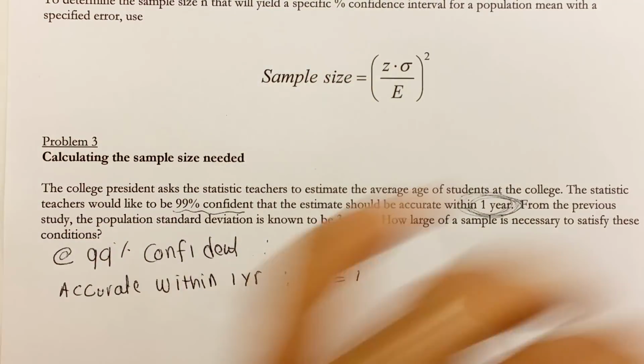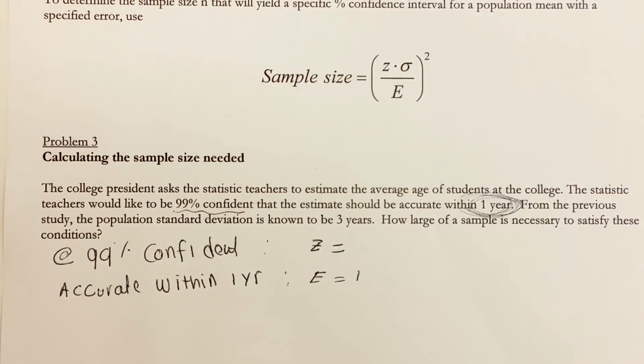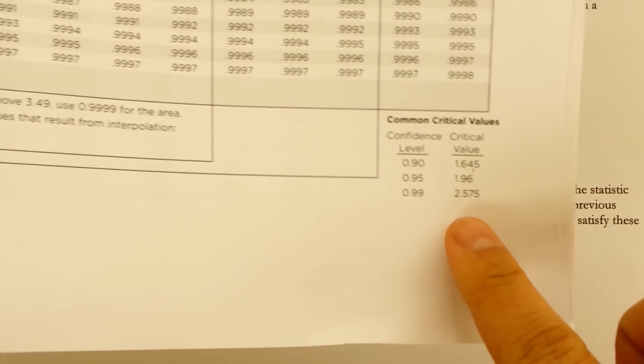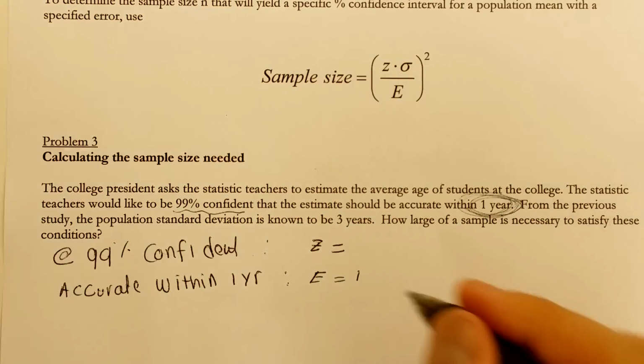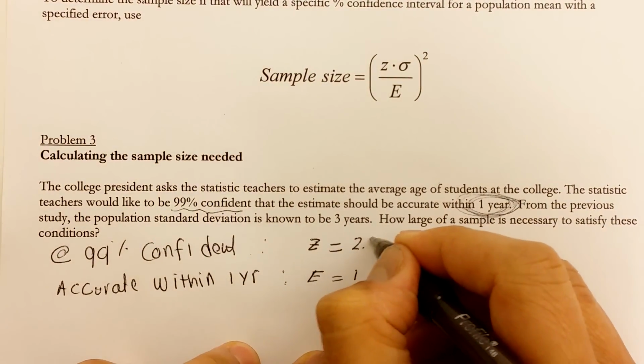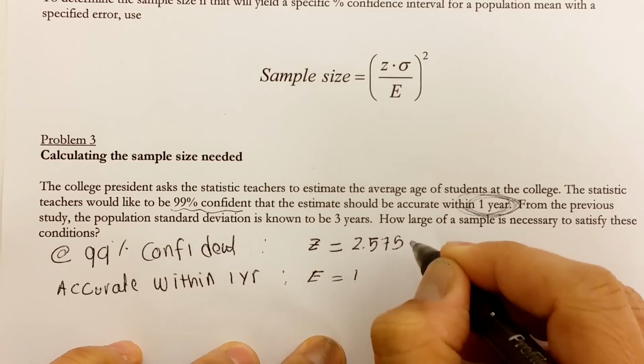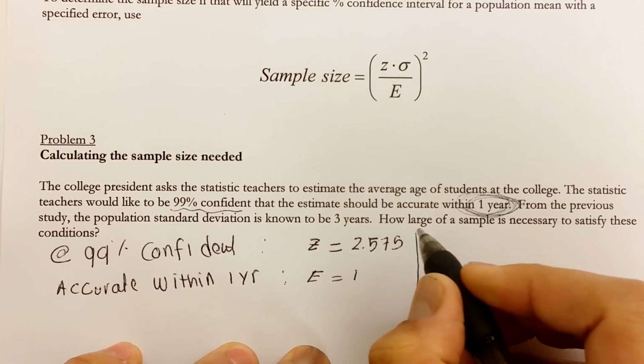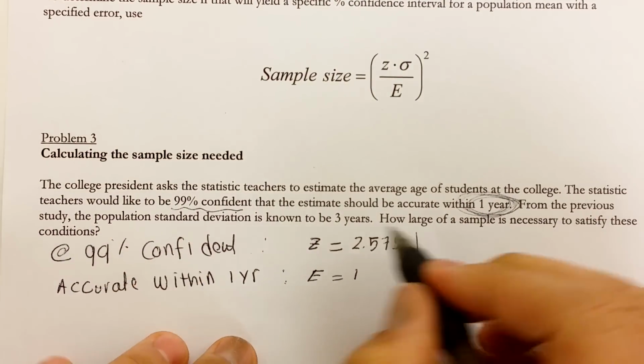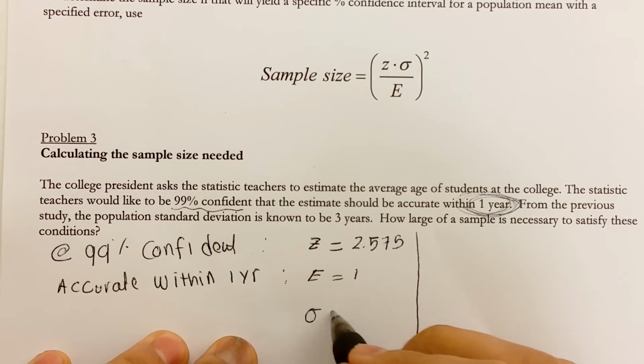So at 99% confident, you can see that the Z value, the critical value, is 2.575. And then sigma, which is the standard deviation, is known to be 3.